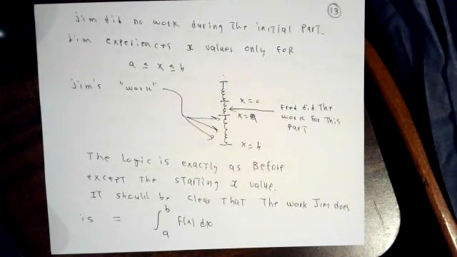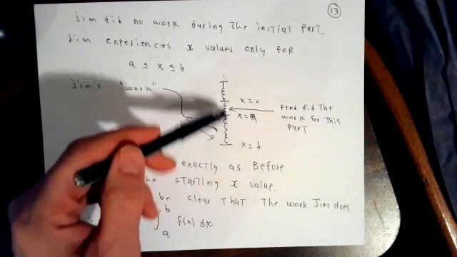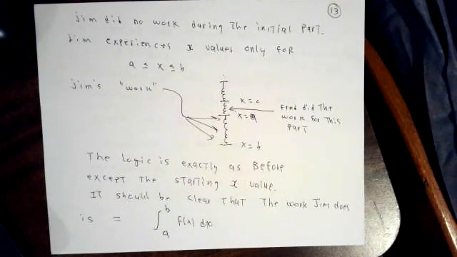Jim wasn't involved in the early business. Fred was doing that. So Fred did the part of the stretching from x equals 0 to x equals a. Jim did the work from x equals a to x equals b.